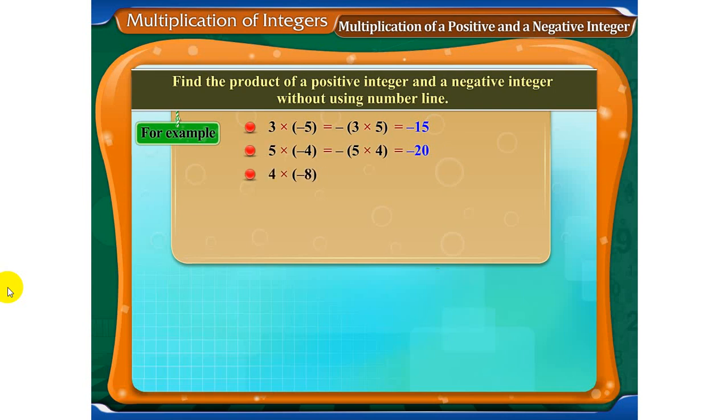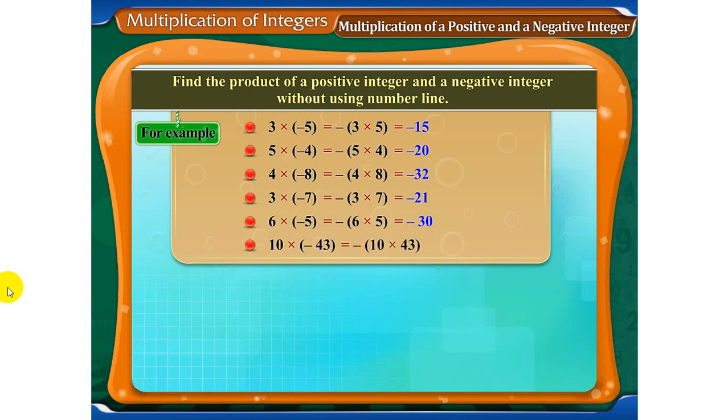Find in a similar way 4 multiplied by negative 8, which is equal to minus 4 multiplied by 8, which is equal to negative 32. 3 multiplied by negative 7 is equal to minus 3 multiplied by 7, which is equal to negative 21. 6 multiplied by negative 5 equals minus 6 multiplied by 5, which is equal to negative 30. 10 multiplied by negative 43 equals minus 10 multiplied by 43, which equals negative 430.